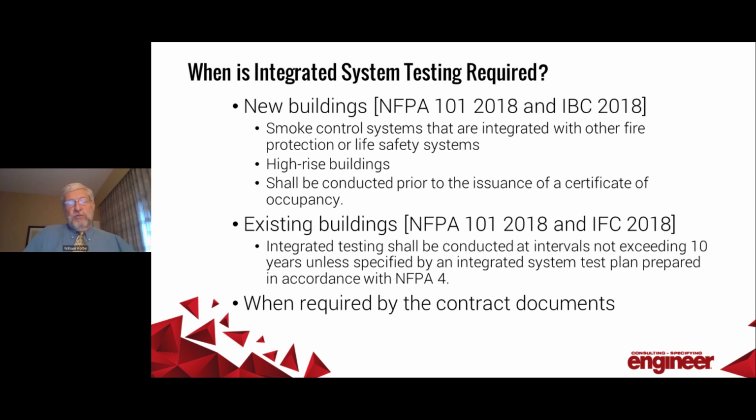NFPA 4 actually has a more frequent test period, unless specified by an integrated system test plan prepared in accordance with NFPA 4. So if in the beginning I develop this test plan and say, based upon this occupancy, this system needs to be tested every 7 years or every 15 years, and that's approved by the authority having jurisdiction, that becomes my test plan.